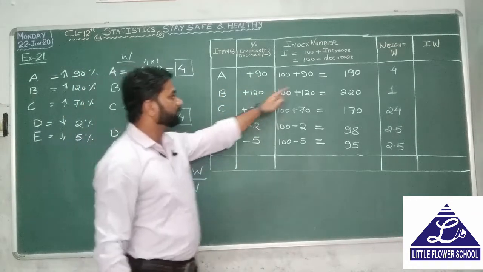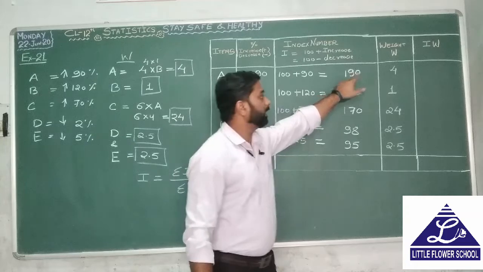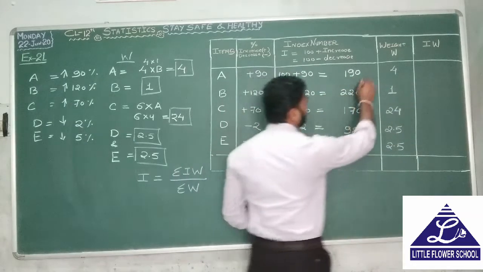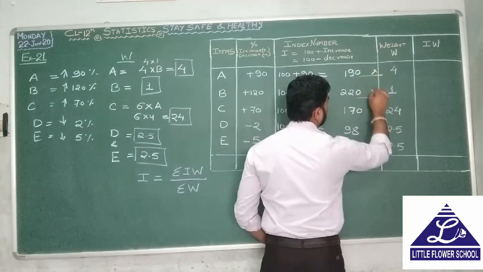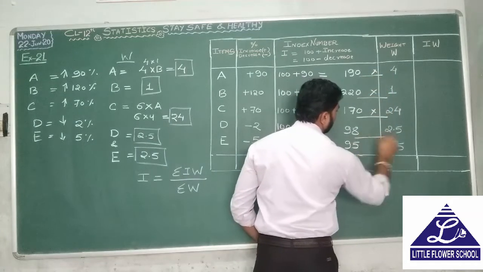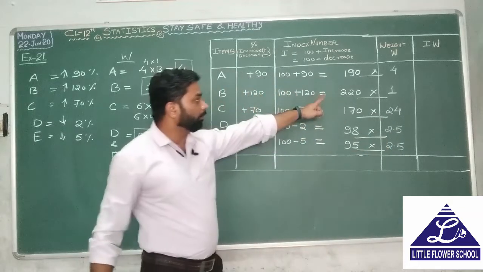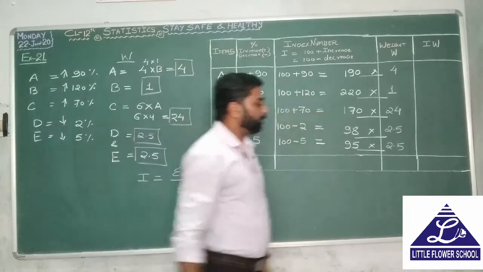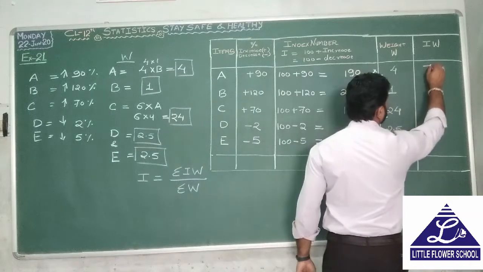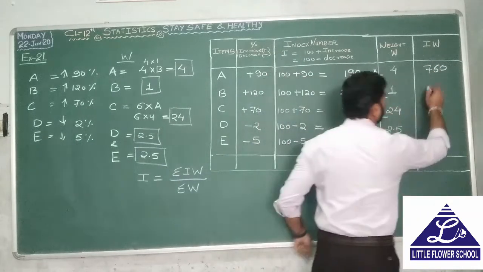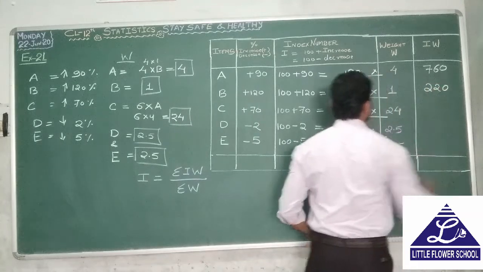For that, we will calculate IW. That means I will be multiplied with the weight, this and this, each one by one. So 190 multiplied by 4 is 760. 220 multiplied by 1 is 220.